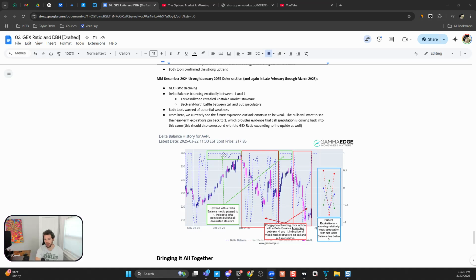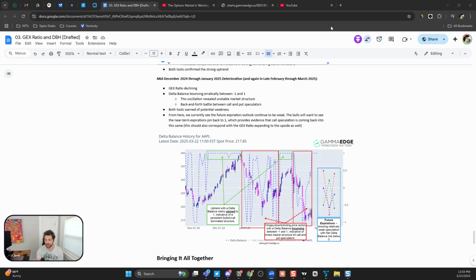So then how this marries up with the delta balance command: back in that December increase, we went from very choppy conditions, oscillating back and forth between 0 and 1, to railed to 1 for the month of December, really middle of November to middle of December. And then again, we start to get these rapid back and forths of the net delta balance command between -1 and 1.